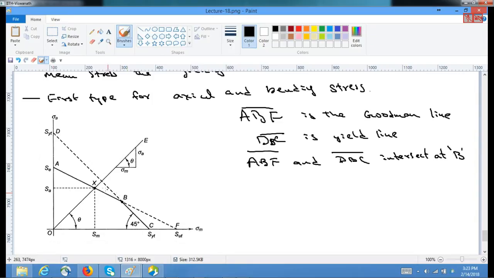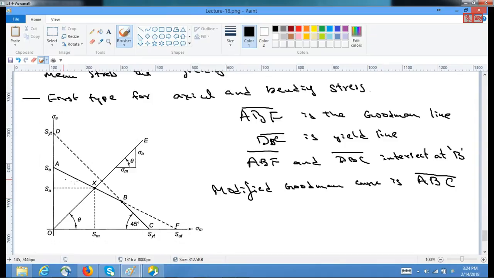So AB comes from the Goodman line, whereas BC is governed by the yielding. So the modified Goodman curve is A, B, C.